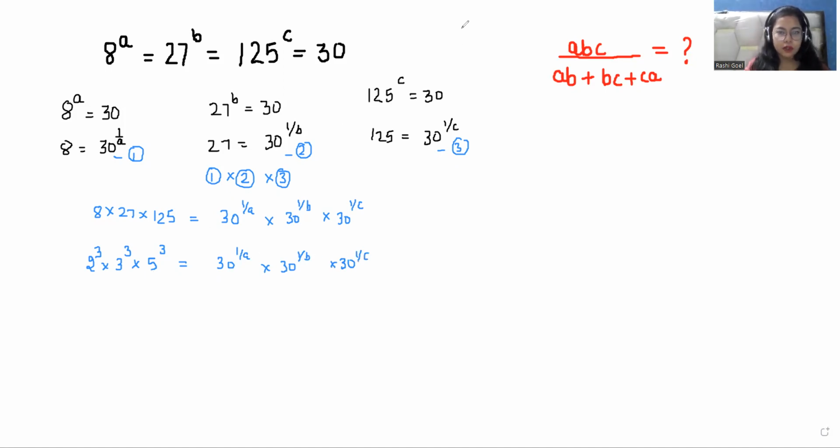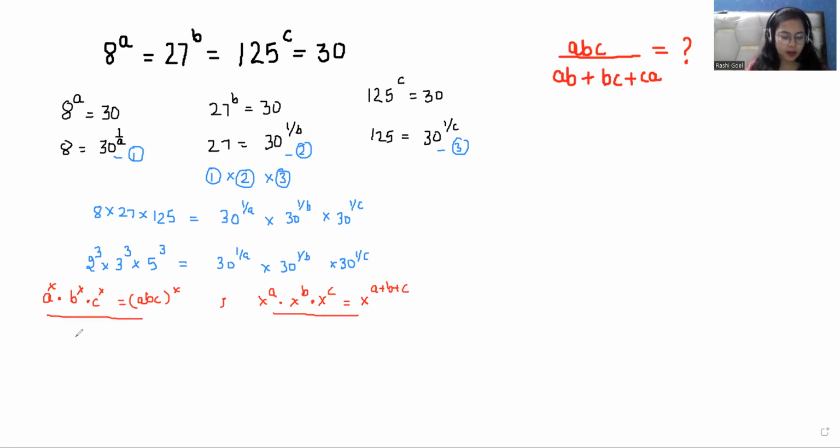Now we have a property that a power x times b power x times c power x we can write as (abc) whole power x. And the other property is x power a times x power b times x power c, we can write as x power (a plus b plus c). So we are going to apply this one in LHS and this one in RHS.